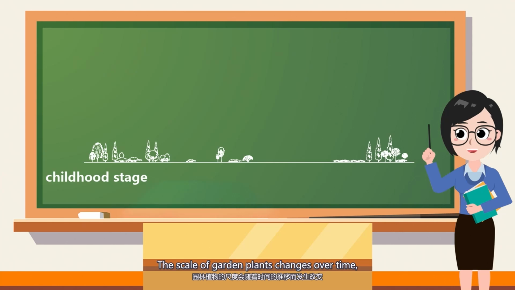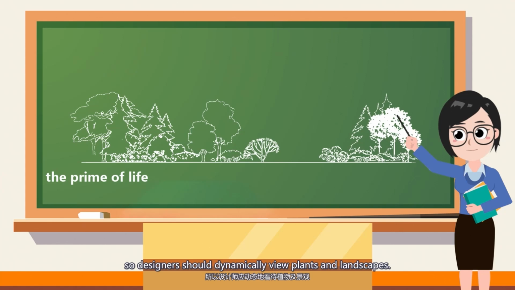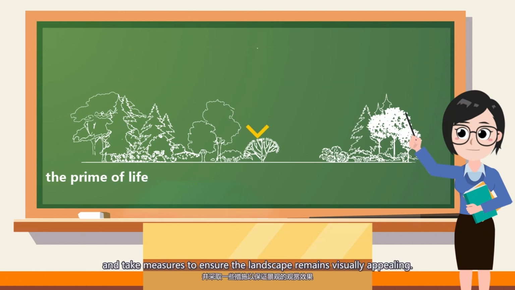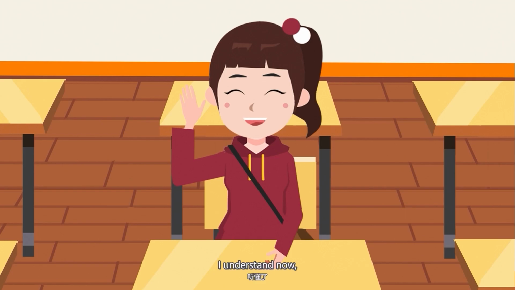The scale of garden plants changes over time, so designers should dynamically view plants and landscapes. They should anticipate scale changes due to plant growth at the design stage, and take measures to ensure the landscape remains visually appealing.